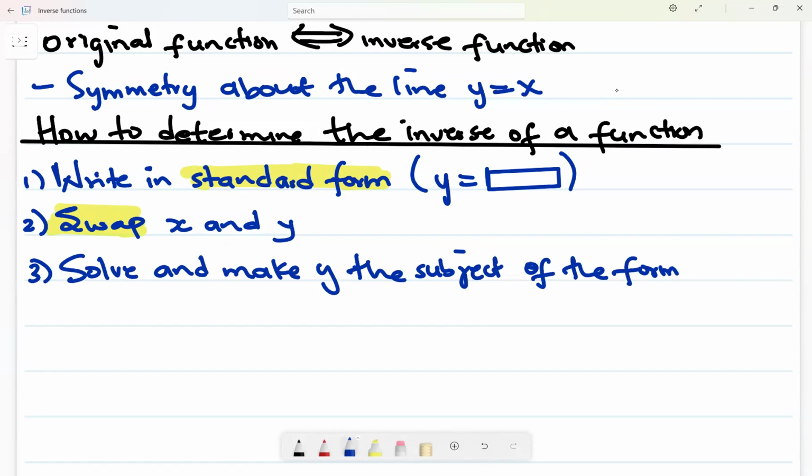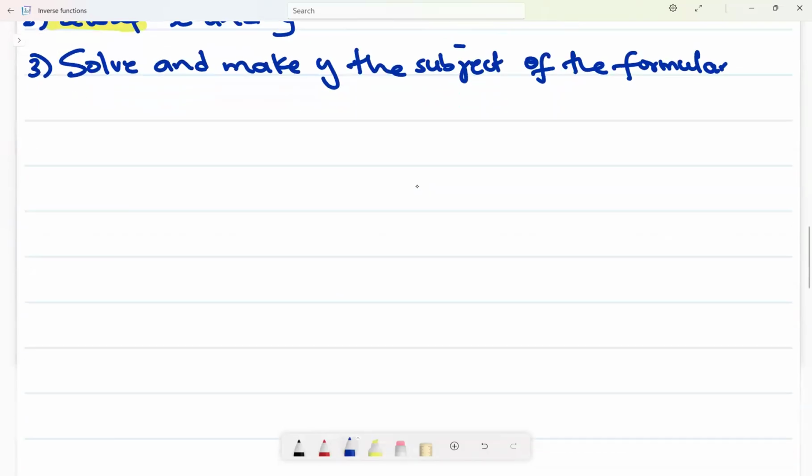Now, we do not have a proper example yet to say, okay, this is what we mean. Now let's have an example.